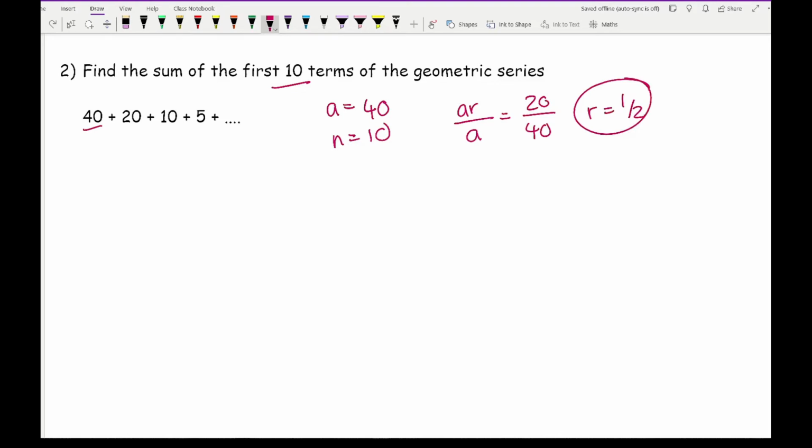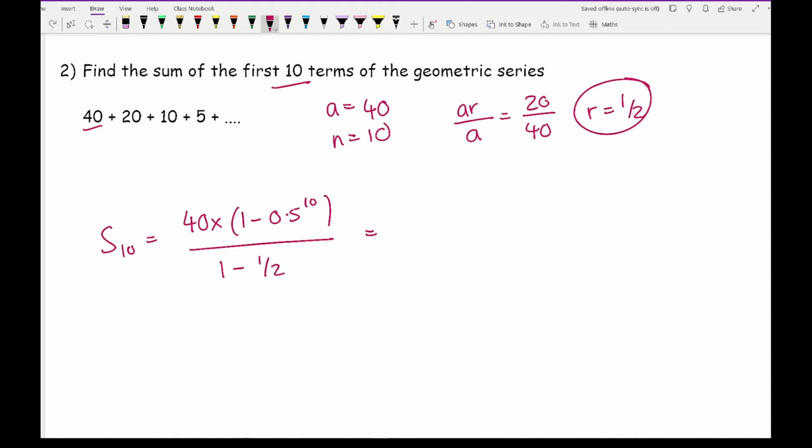So from this, substituting numbers in, I've got that S of 10 equals, and I've got a, which is 40, times 1 minus 0.5 to the power of 10, over 1 minus r, which is a half. And again, if I simply type that into my calculator exactly in that form, so I've got 40 times 1 minus 0.5 to the power of 10.